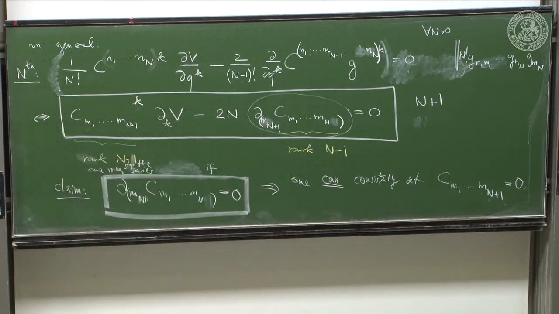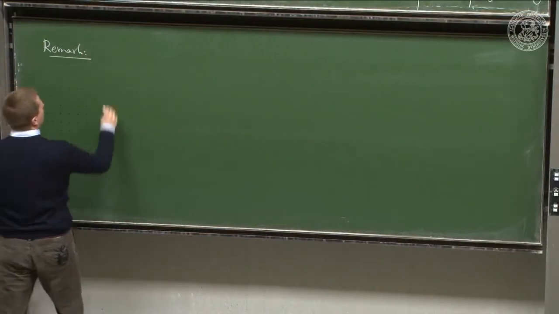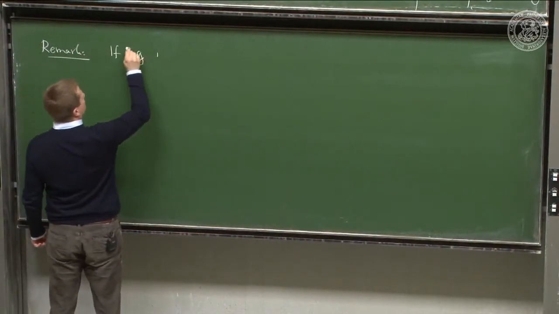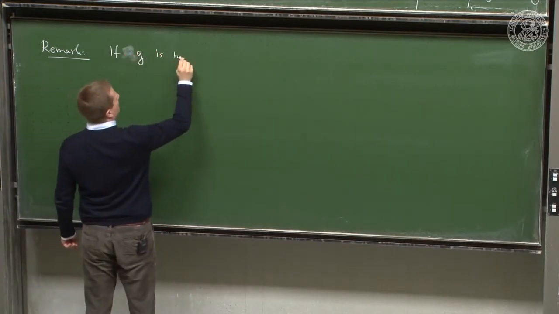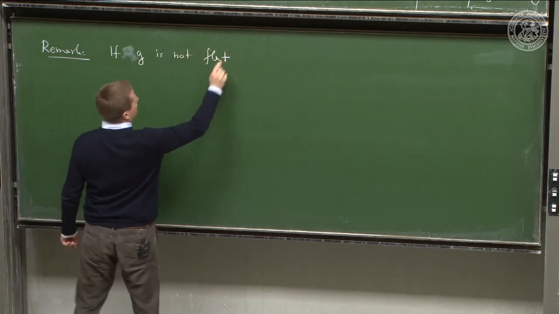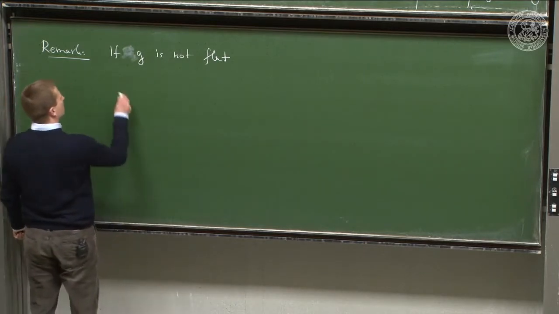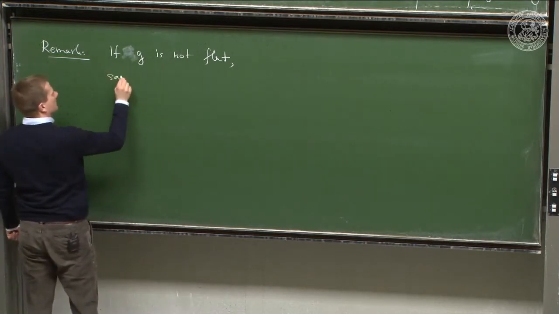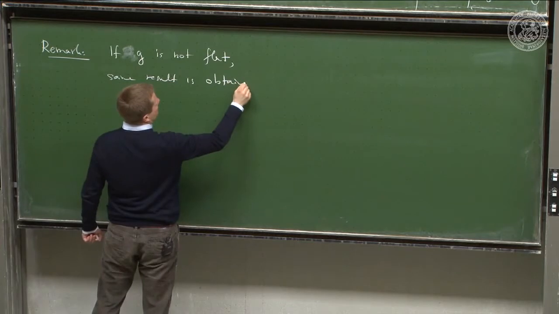And this stopping condition has a name. It's called the generalized Killing condition, or the C is called a Killing tensor. I said it already. If G, Q, G, Q is now dangerous. If G is not flat, so if it depends on the Q's in any coordinate system, if G is not flat, the same result is obtained, and it's really not more difficult, it's just more writing.